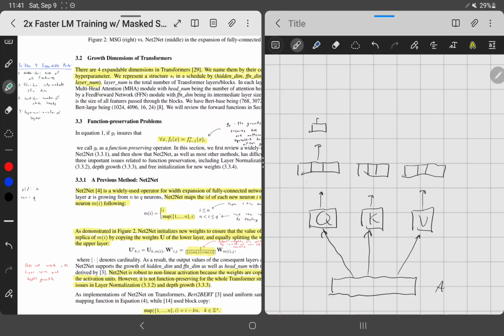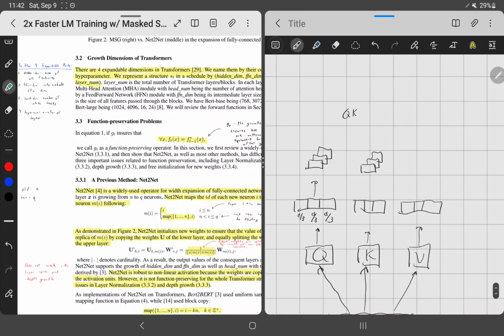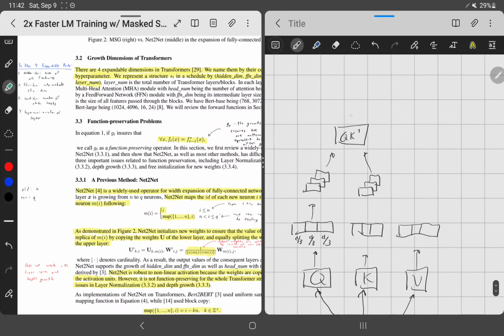So maybe our dimensionality is d. Then this would be d by 3, d by 3, and d by 3. This still represents one vector, our vector A, except it's split into 3 different parts. Our queries times keys transpose would give us 3 different matrices instead of just one.